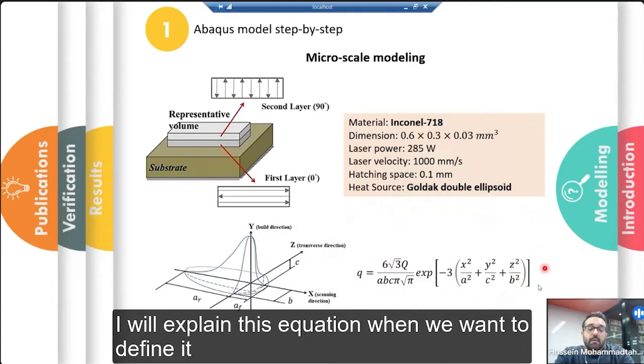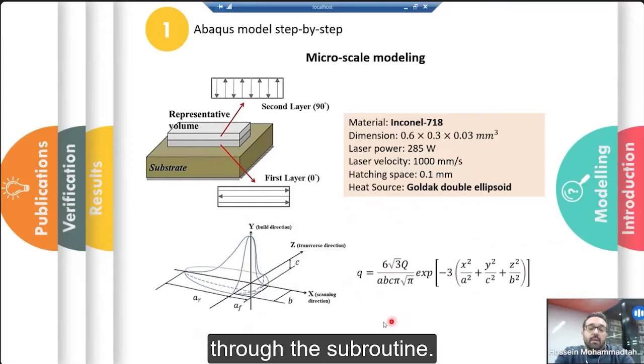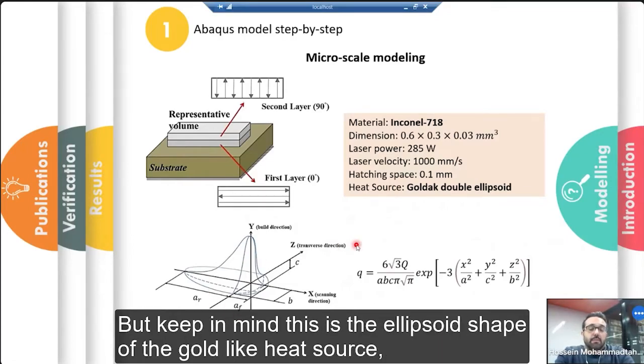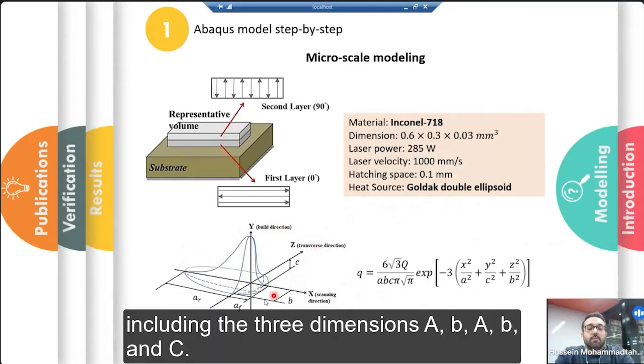I will explain this equation when we define it through the subroutine. But keep in mind, this is the ellipsoid shape of the Goldak heat source, including the 3 dimensions A, B, and C.